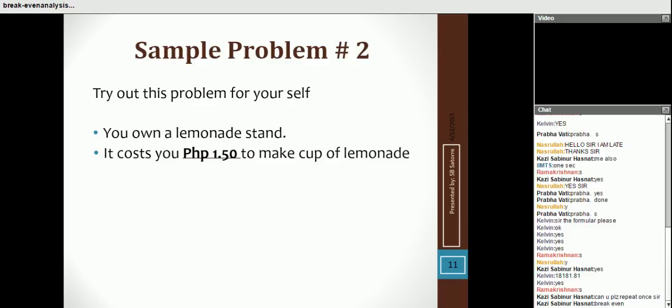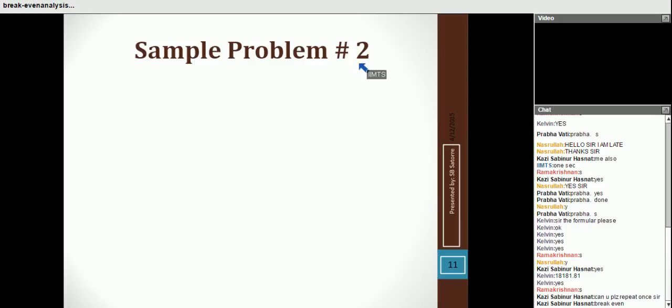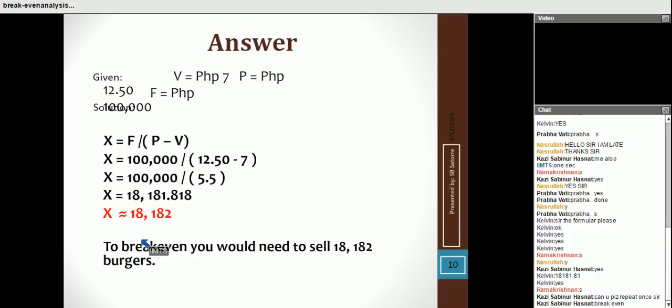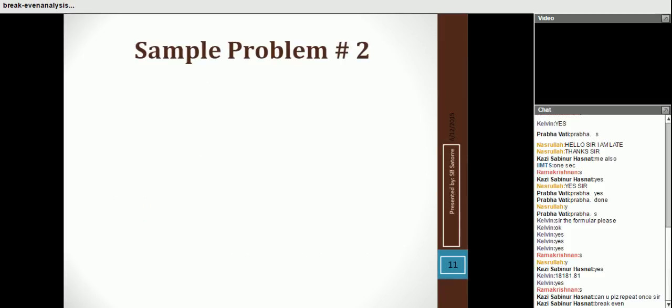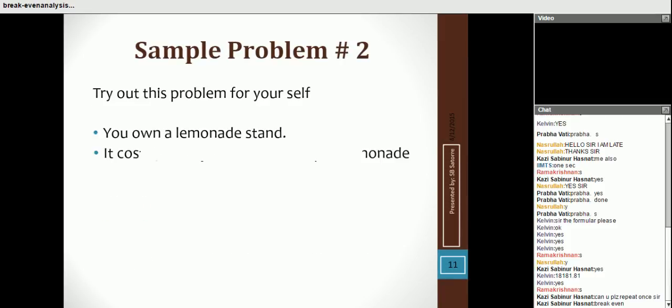Okay, let me show it to you. This is the break-even value. To break even, we need to sell 18,182 burgers. And this is the next problem.